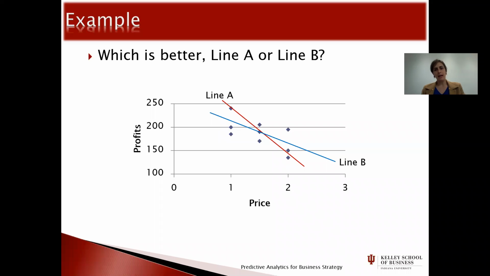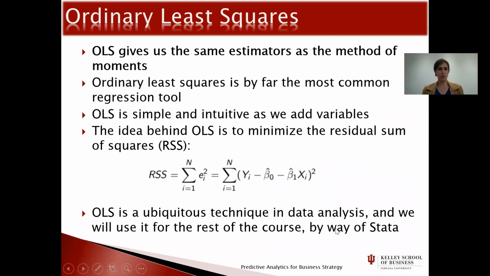Therefore, when we think about the effect of a change in price on my profits, if I go with line A, this effect is going to be more exaggerated than what it should be. When we think about the sample moment conditions, we want to break down this dependency between X, in our case price, and those residuals. Line B does a better job in that sense, so we also want to go with line B. Line B is the answer for both examples here.